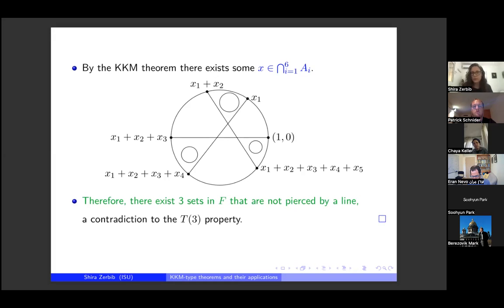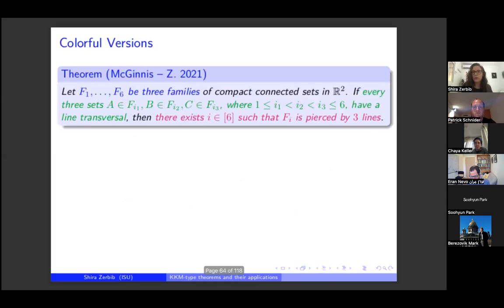So I think it was the first time where topological methods were introduced to this problem. And it actually gives us a way to generalize this theorem even more. So actually, what we can prove is a colorful version of this theorem.